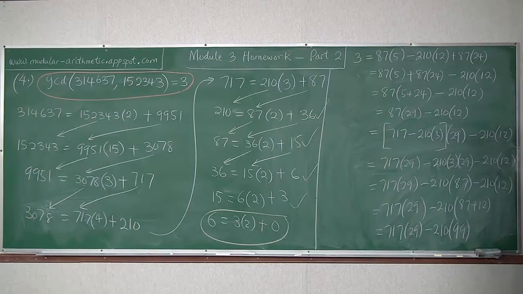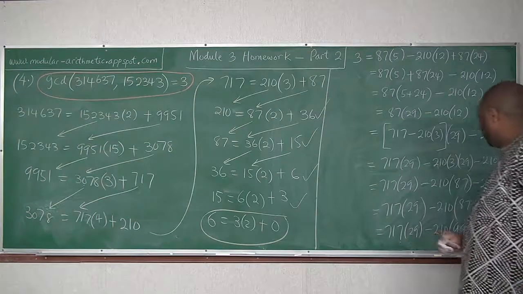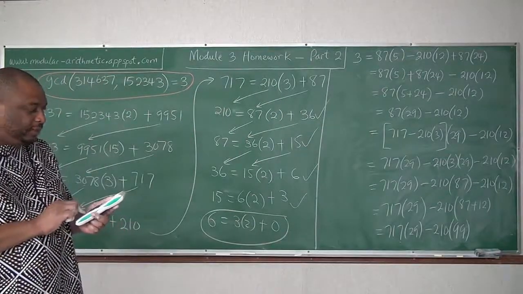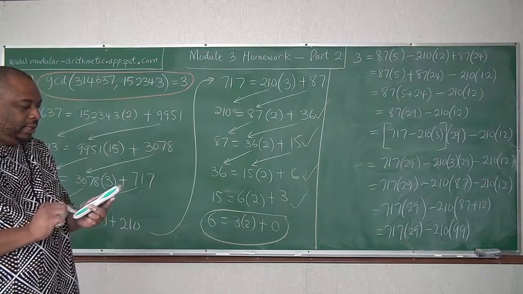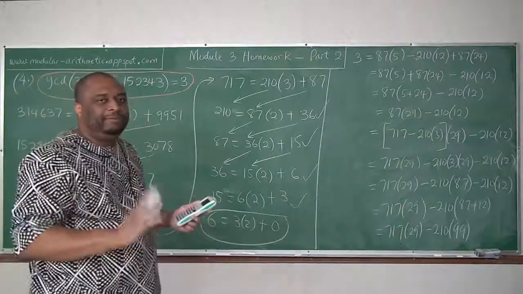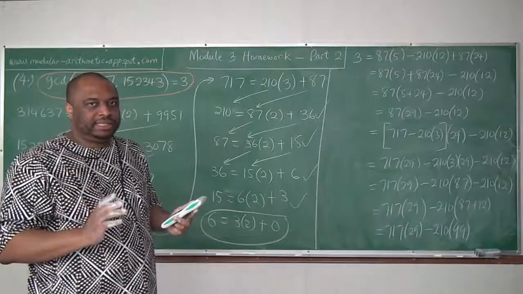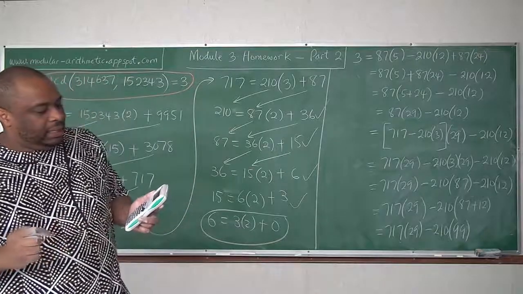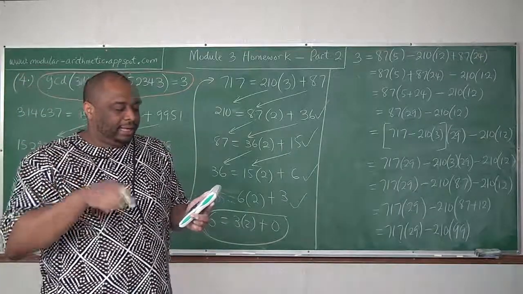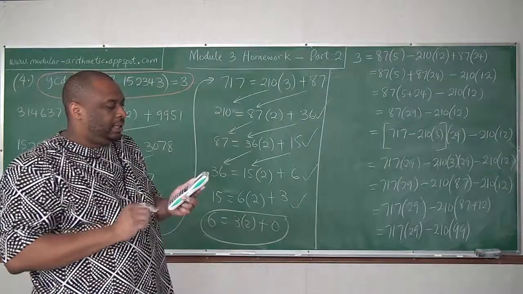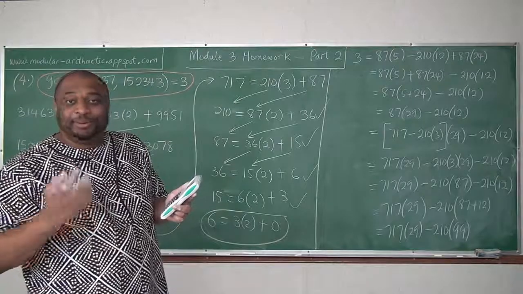Okay, let us see whether it works. So I will do 717 times 29. Because I have 717 and I have 210, I gotta have those, dividend and divisor, in each case. 717 times 29 is 20793. 210 times 99 is 20790.